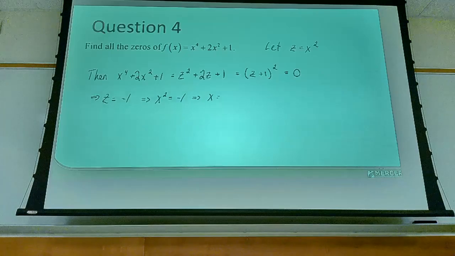Oh, and since z plus 1 was being squared, that means each of those has a multiplicity of 2. So i occurs twice and negative i occurs twice. Well, you don't have to write it once, right? So solution set is negative i and positive i.